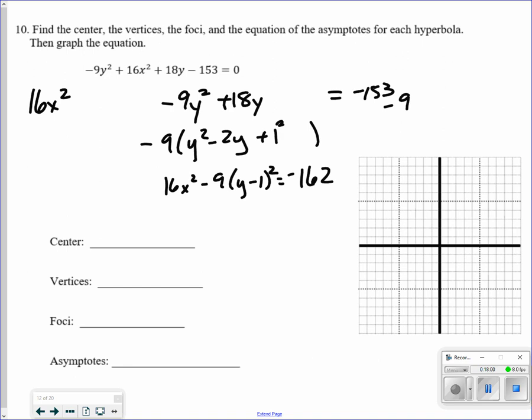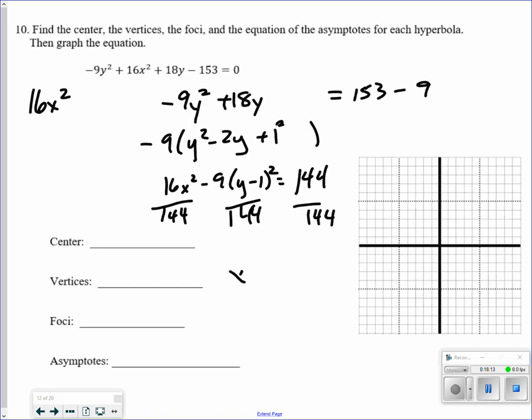I apologize there. I was looking at it and realized I made a mistake. I added 153, and then I did subtract 9, so it should be 144. Divide everything through by 144. So I'm going to get x squared over 9 minus y minus 1 quantity squared over 16 equals 1.